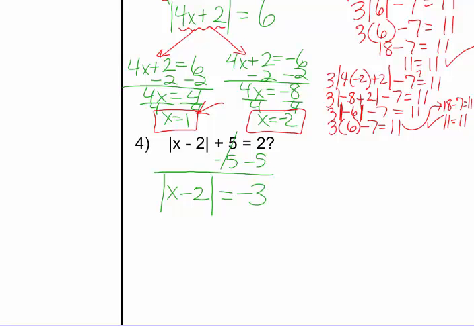If you recall in class, we talked about how an absolute value cannot equal a negative number. And in this case, we now have an absolute value equal to a negative number. But that's not possible. So then your solution would be no solution.